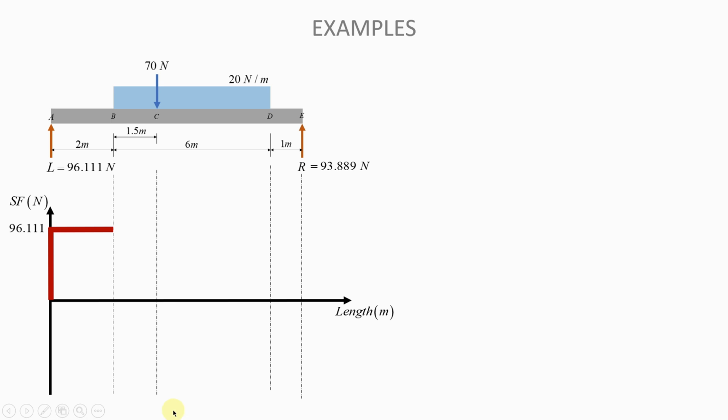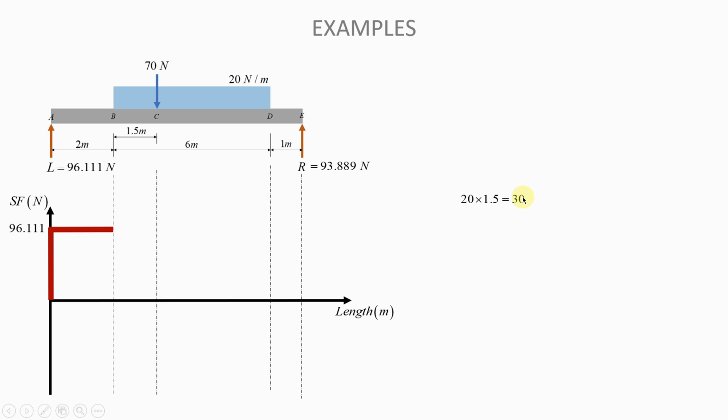Okay, and so looking at this first segment of the UDL before the 70 Newton force, you will see that this segment is acting over a length of 1.5 meters. So the force equivalent to that segment of the UDL is just 20 multiplied by that length, 1.5, and that gives you 30.